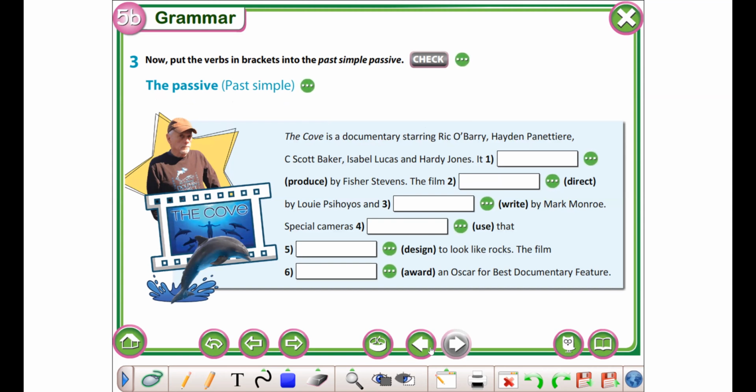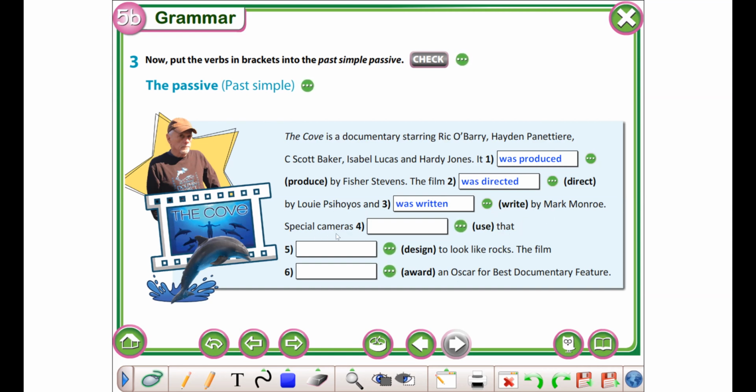So how would you say, Sami, that the movie was produced by Fisher Stevens? It was produced. Yeah, it was produced, that's right, because it happened. And continue, Sami. The film was directed. That's right, by Luis Cijuelos and was written by Mark Monroe.